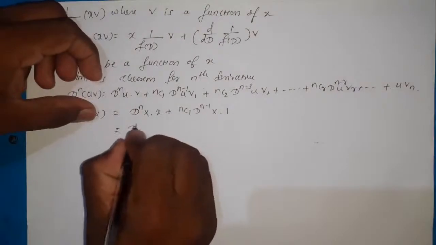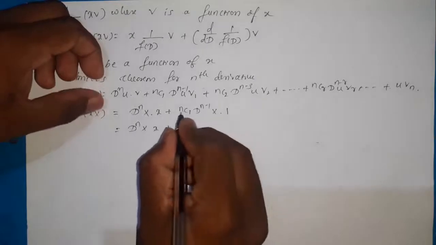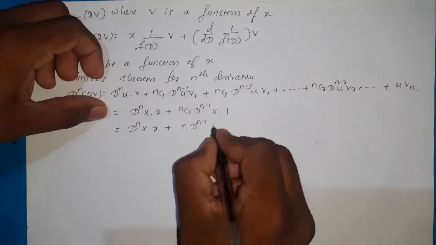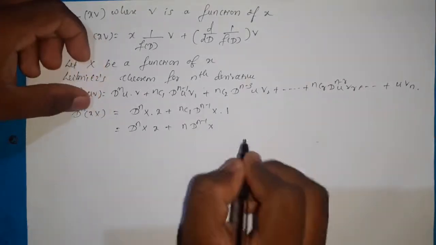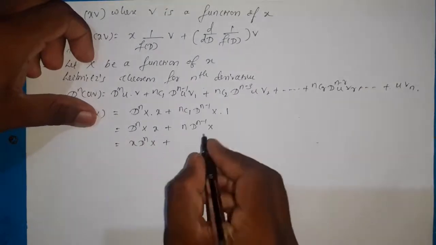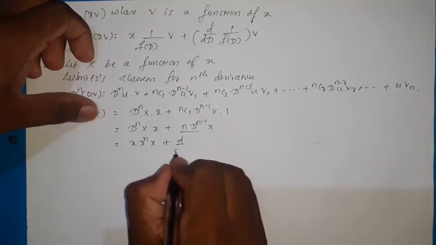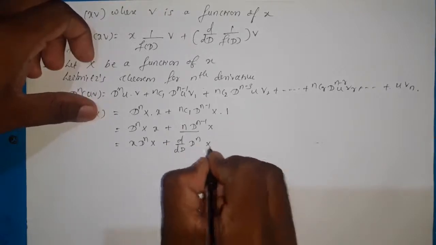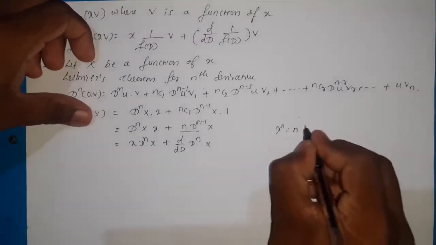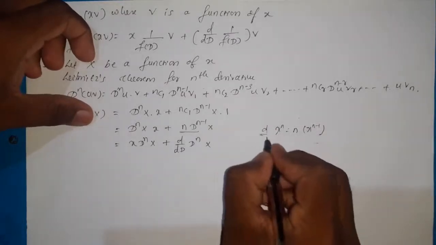Then it is equal to D power n of X into small x plus nC1, that is n into D power n minus 1 of X. So it is x into D power n X plus n into D power n minus 1. That is the derivative of D power n, because the differentiation of x power n is n into x power n minus 1, d by dx of this.